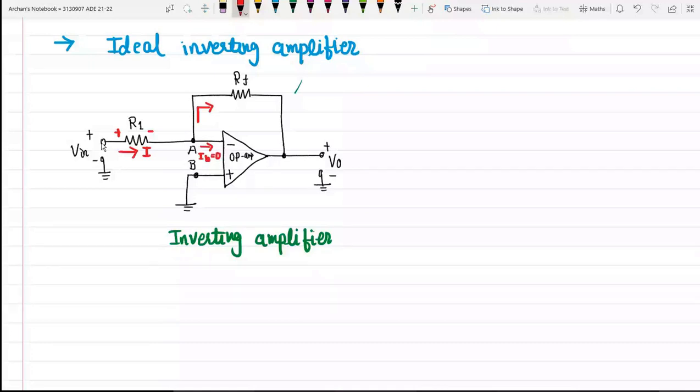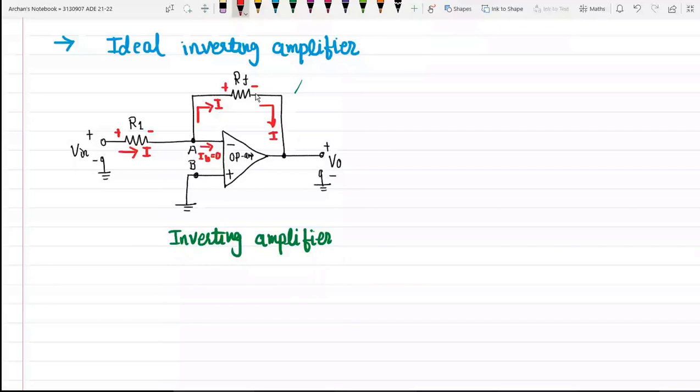This entire amount of current I will flow in this direction through the feedback resistor, causing a drop across the feedback resistor, and finally this current will come to the output terminal like this. So this is what the current is.